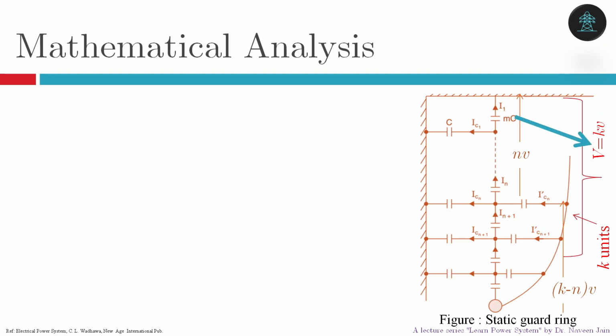So the total voltage of the insulators is K times V. Here K is the number of insulator disks.